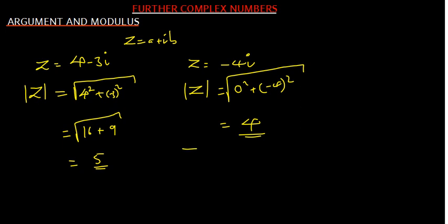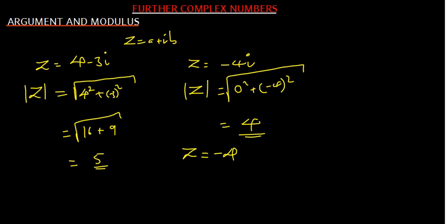What of the complex number z, which is equal to 4? Okay, let's say negative 4. What will be the absolute value or the modulus for this complex number? Now what this means is this complex number just has the real part. It doesn't have any imaginary part. Well, how is it a complex number if there is no i?